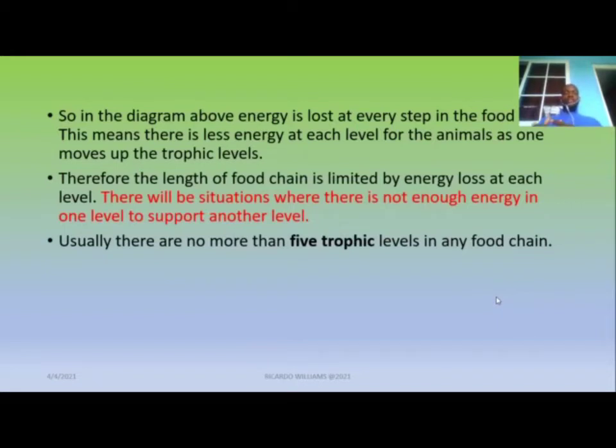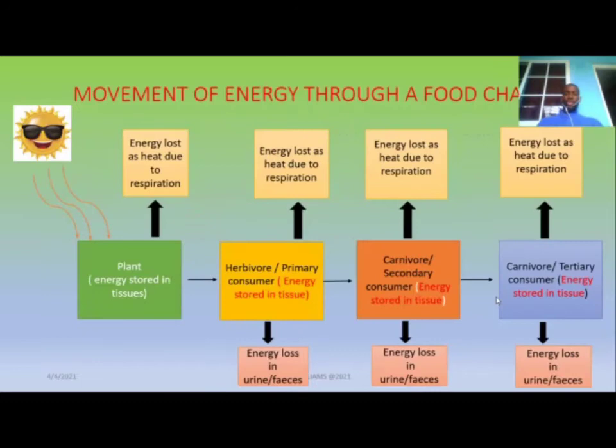There will be situations where there is not enough energy in one trophic level to support another level. An example of this is at the tertiary consumer level. I showed you in the video before this an example where we can have a quaternary consumer. Now the quaternary consumer is not always the case because there might not be enough energy at this trophic level to support a quaternary consumer.